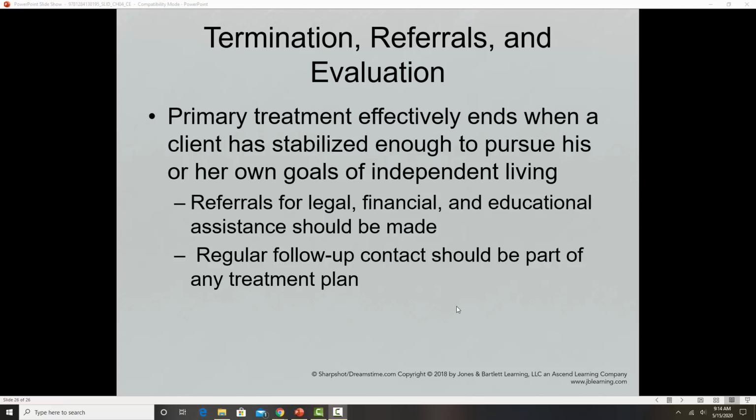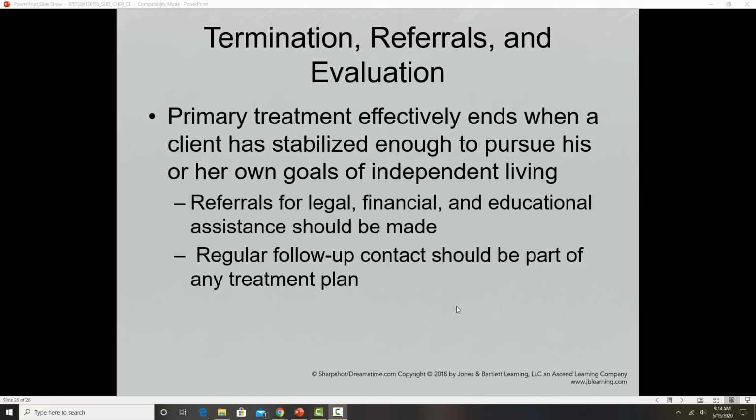You might also, as a psychologist, as a psychiatrist, as a victim's advocate, need to refer victims out for other issues, legal issues, financial, educational assistance. And any psychologist, psychiatrist, or victim's advocate, or social worker, anybody that's going to be working directly with victims of crime needs to make sure that there is a regular follow-up schedule.